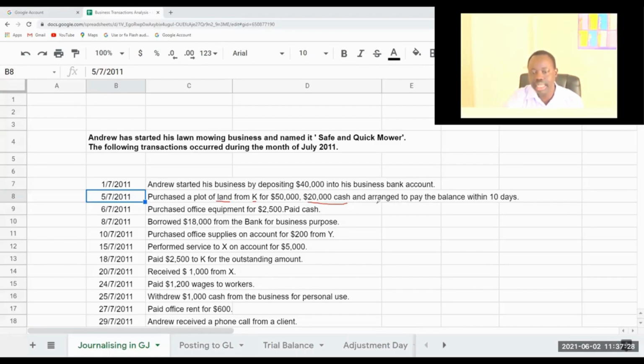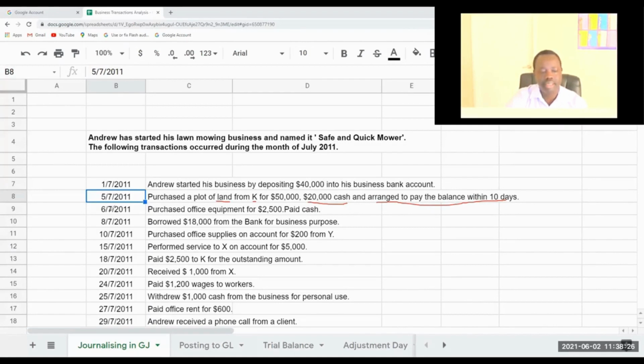So this one is accounts payable. This part is accounts payable for the balance that will be paid within 10 days. Because we have accounts payable increasing, we credit. Liability accounts, when it increases, we credit. And that's why we credit accounts payable here.